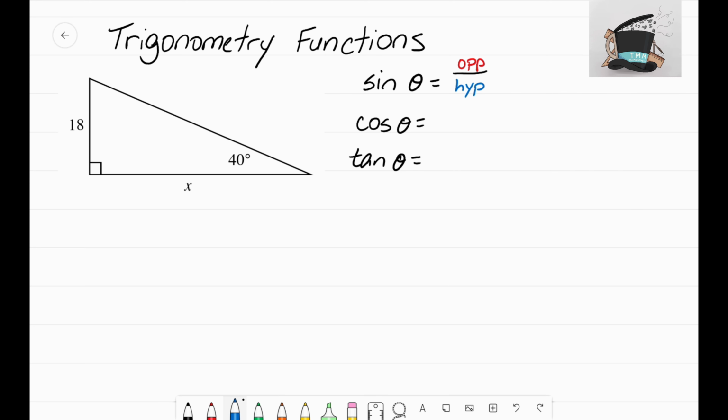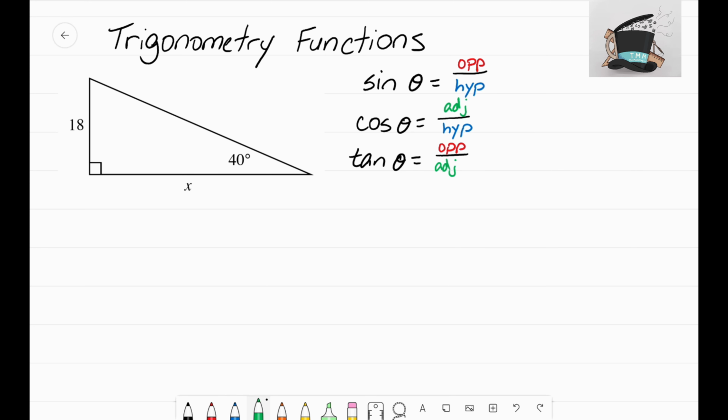Cosine of theta equals adjacent, remember, adjacent just means next to, over hypotenuse. And finally, tangent ends up being opposite over adjacent.